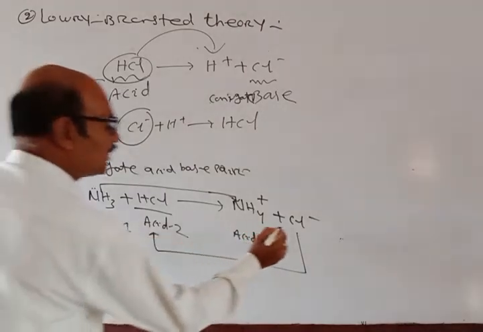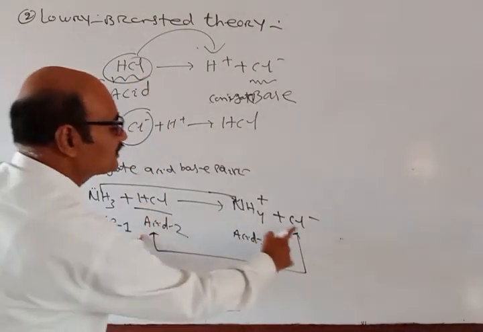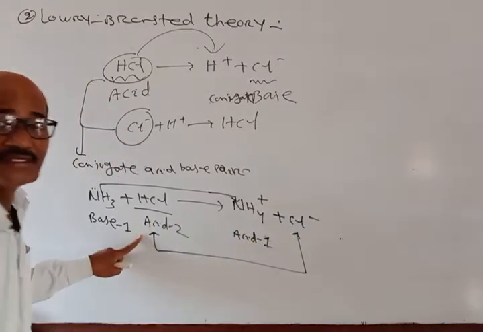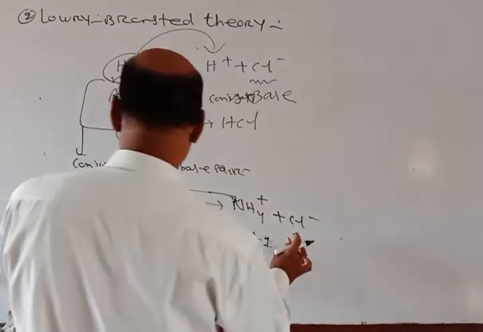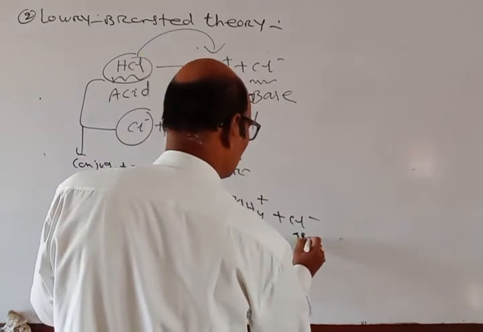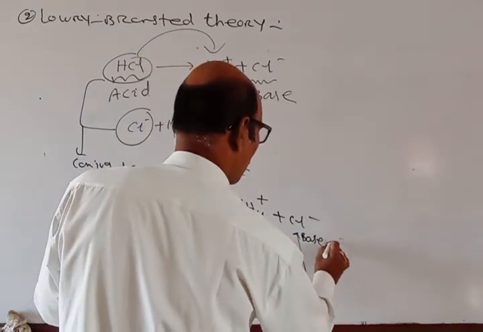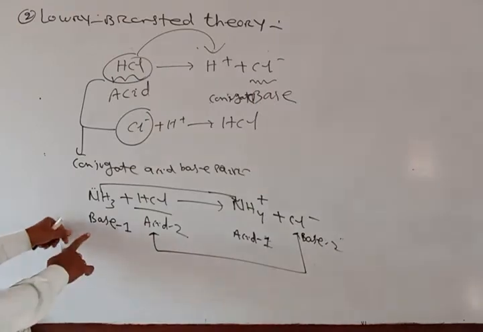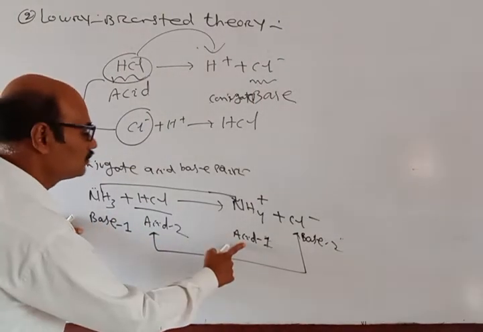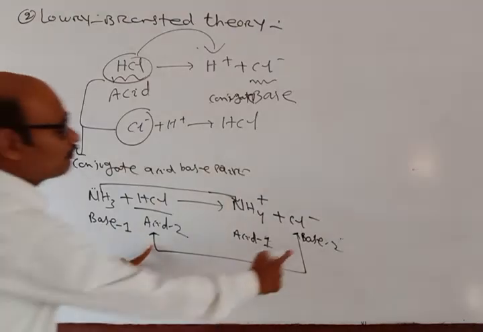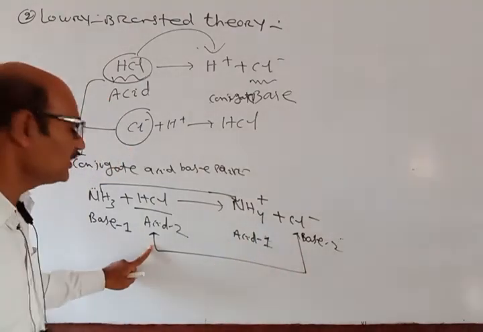So these two, HCl and Cl minus, again differ by a proton only. So this is base 2. So base 1 and acid 1 are a conjugate acid-base pair, and acid 2 and base 2 are a conjugate acid-base pair.